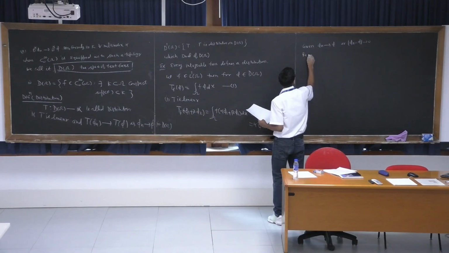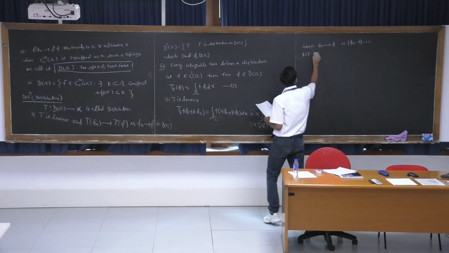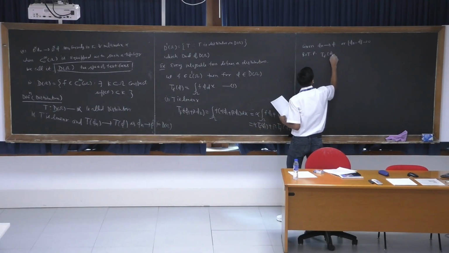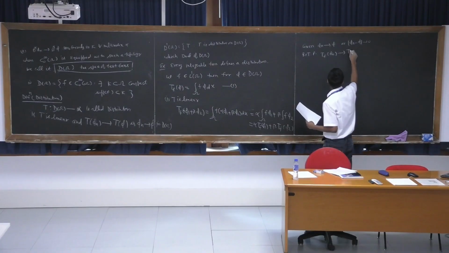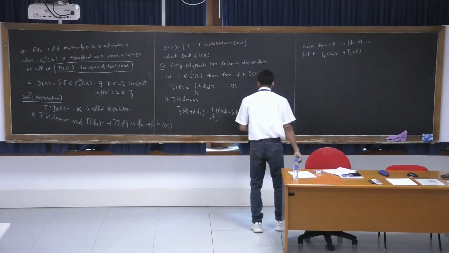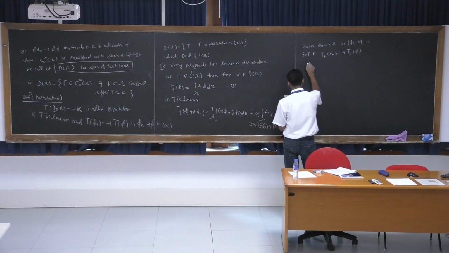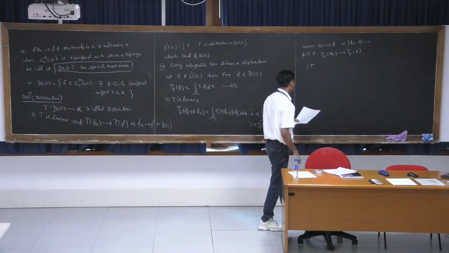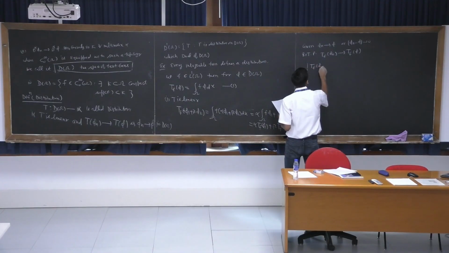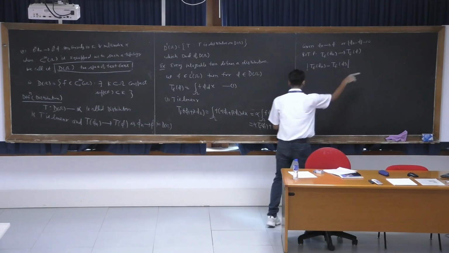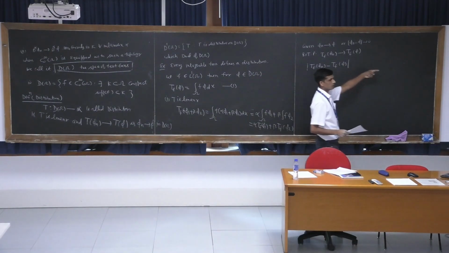Required to prove T f of phi n converges to T f of phi. So you start with the difference of these two, T f of phi n minus T f of phi, and you have to prove this goes to 0.